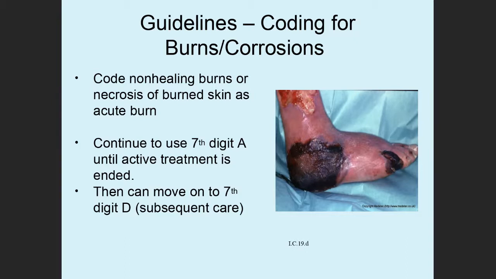So codes for non-healing burns or necrosis of skin are coded as an acute burn. It may be infected, painful, or just not responding to treatment. That's what makes it non-healing.